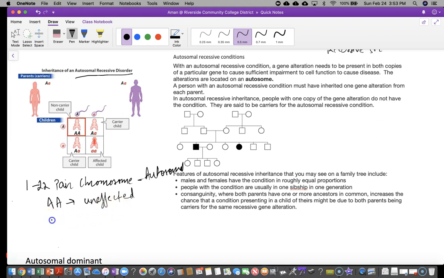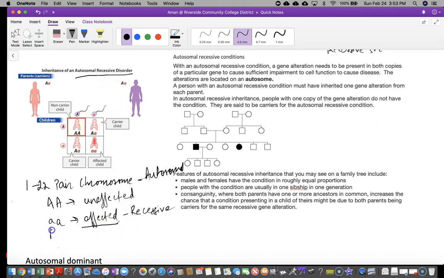If you have a person who is small a small a, that person is the one who's going to be affected. That's what we mean by recessive disorder: both the alleles must be recessive in order to see the effect of the disease.